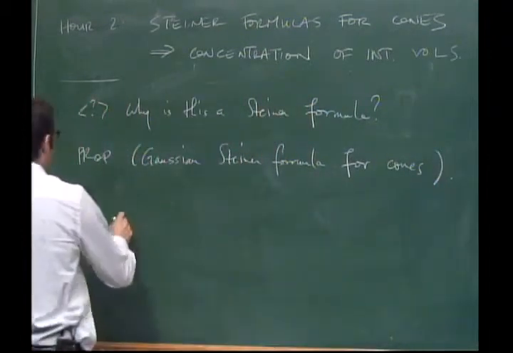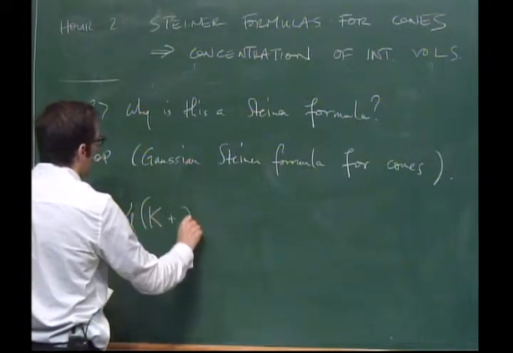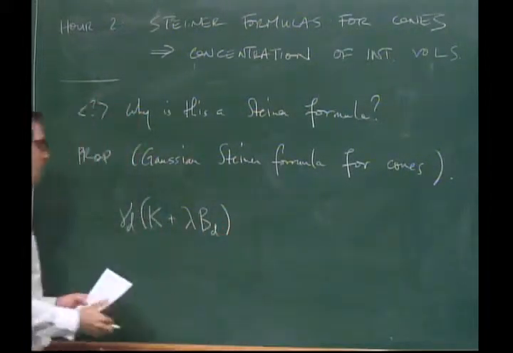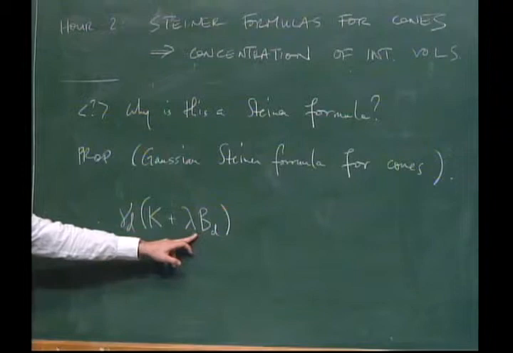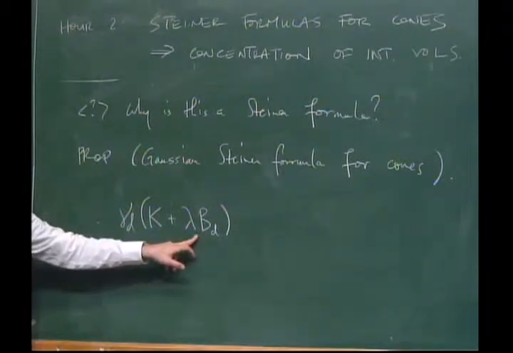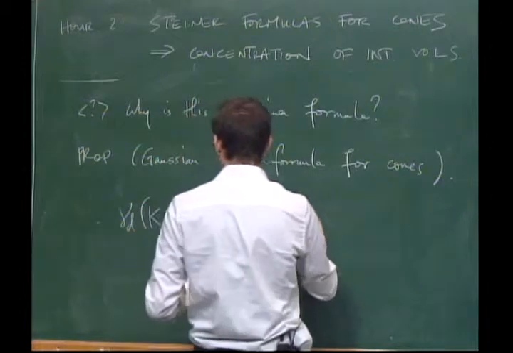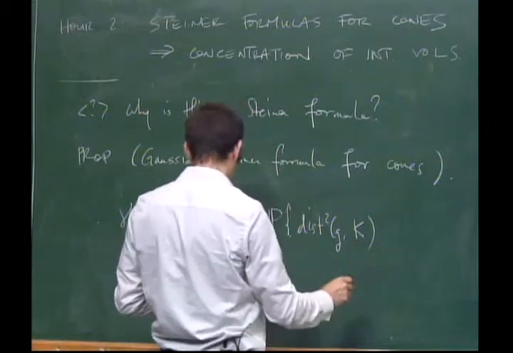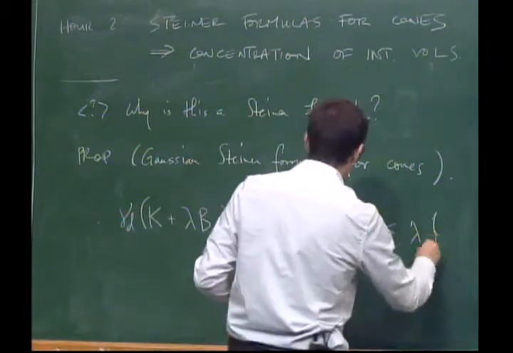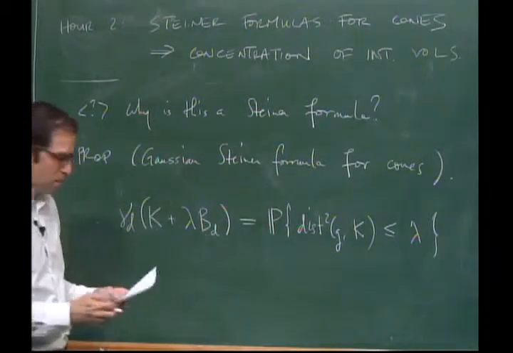And it says that the Gaussian measure of the parallel body of the cone, so we're going to expand this cone by an amount lambda in every direction, is defined rigorously as the squared distance from g to the cone being less than lambda, where again, g is the same standard normal variable, that vector that we've been using everywhere.